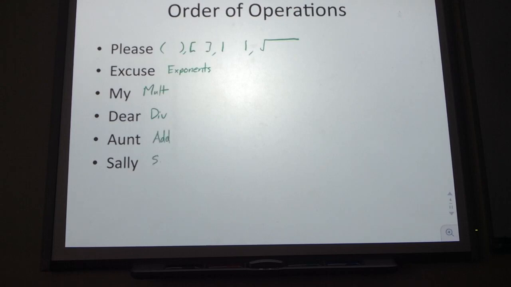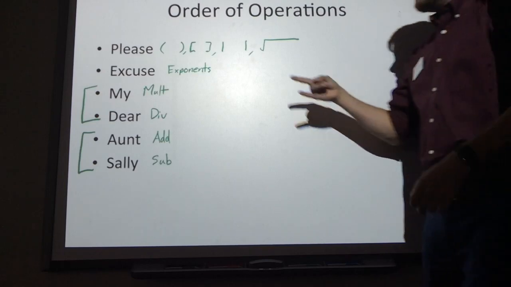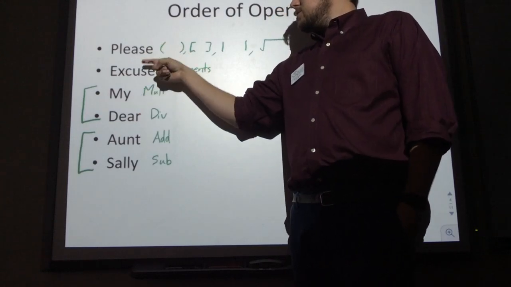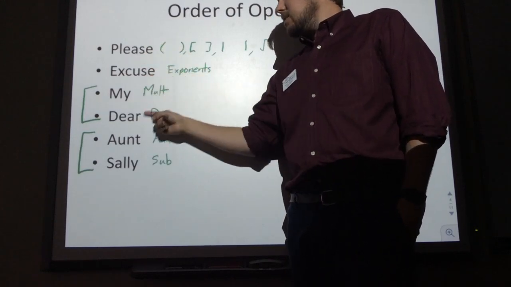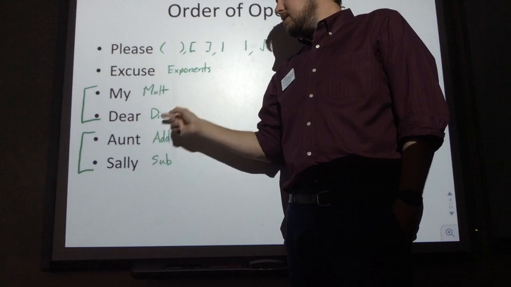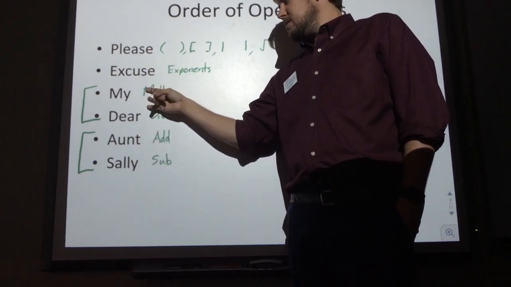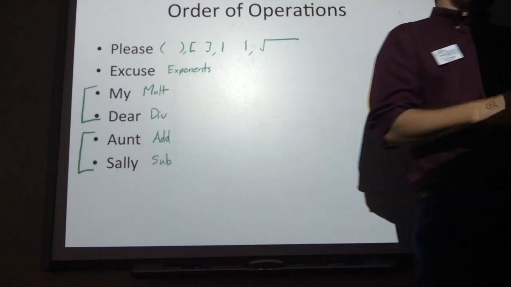And okay, one thing to remember is that these two and these two have a weird grouping. Remember, they don't have to go in that order as long as these two go before these two. So you do this first, this second. These can go either order. You just go from left to right. And these can go either order from left to right. But multiplying and division have to go before addition and subtraction.